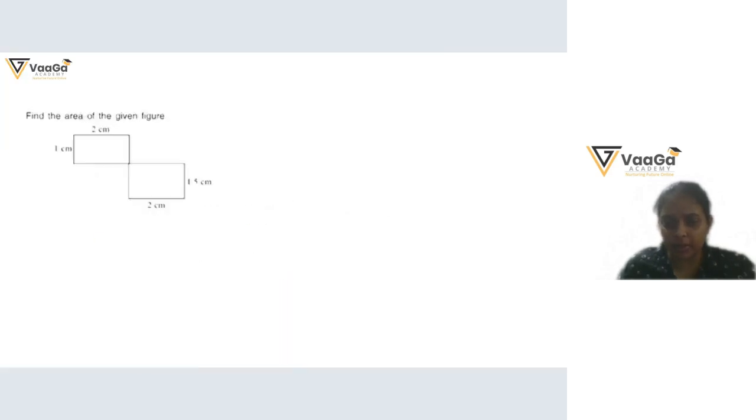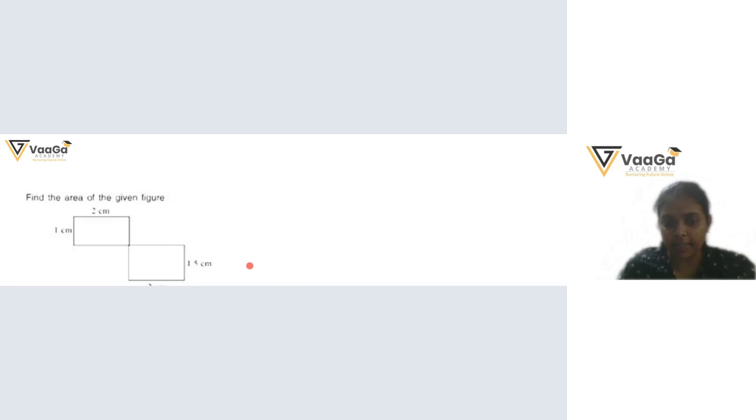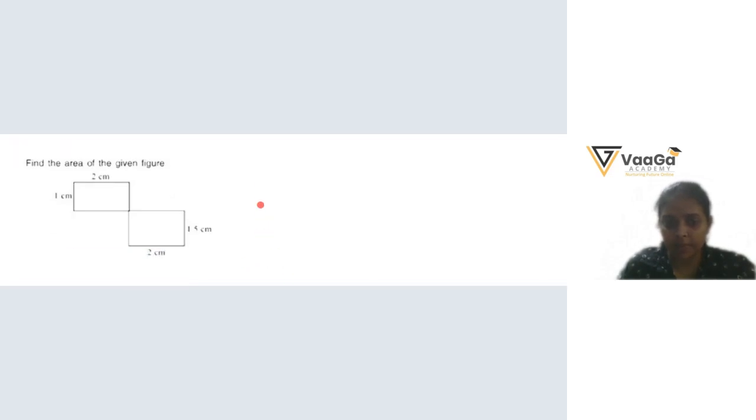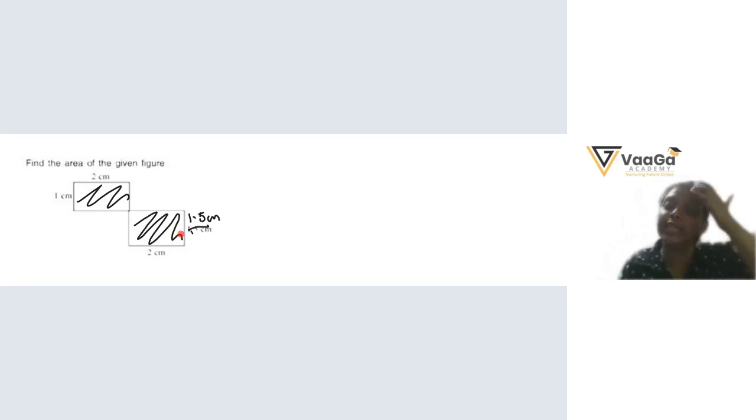Okay. Now let's try one more. Let's try this one. This is 1.5 centimeters. You have to find the area of this whole figure. Now, tell me, these two are rectangles or squares?